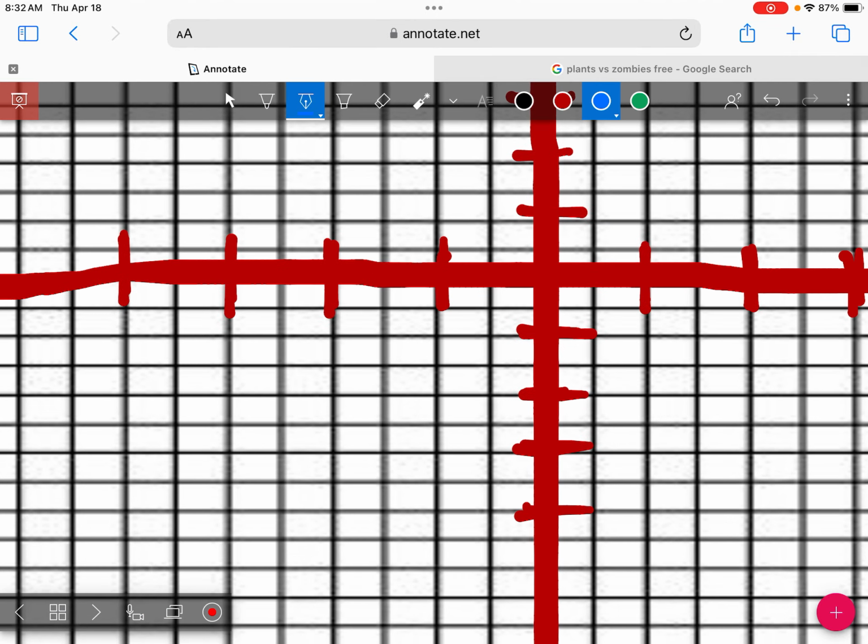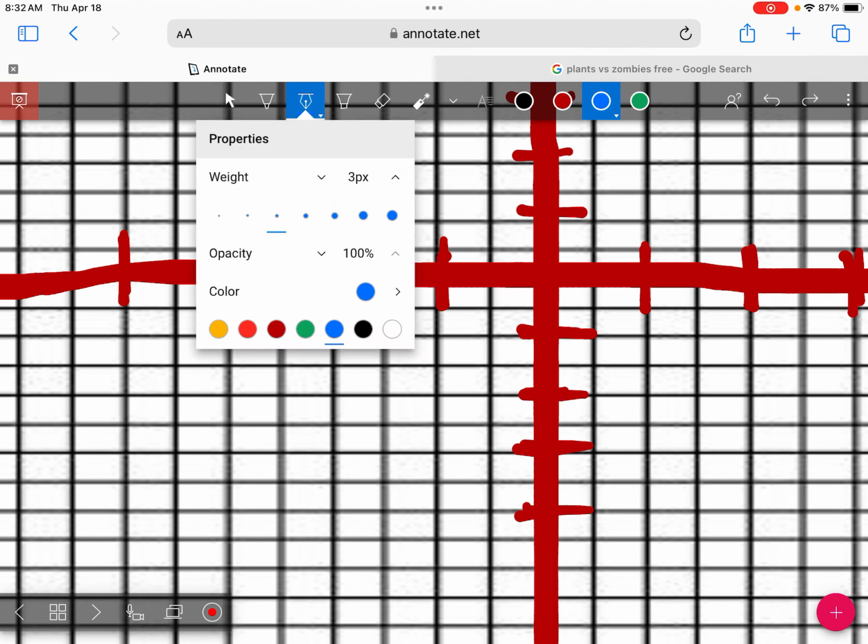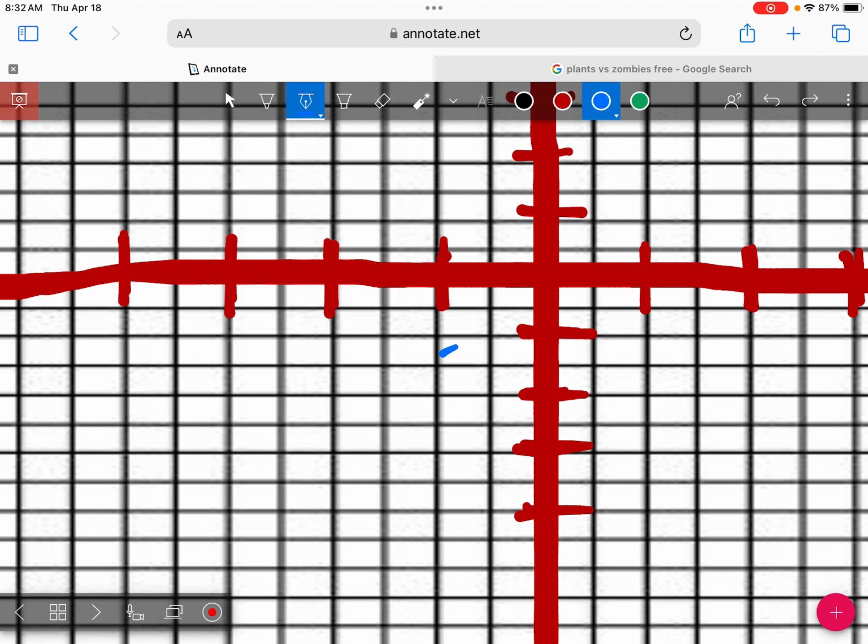So for my y-axis, this is going to be negative 0.5. This was negative 1. So I counted by a fourth on my y-axis. And then for my x-axis, I counted by a half.